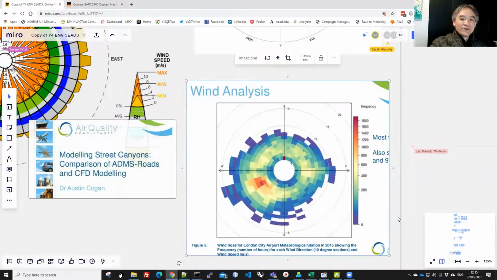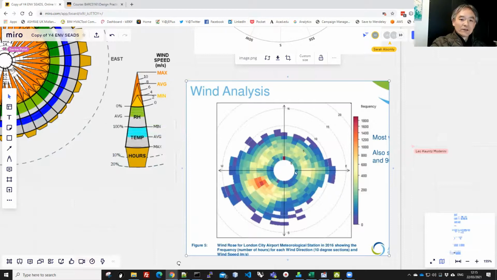Can you work out how to read this? Think about what's on the length, what's on the radius of this diagram, and what's on the color coding. Well, if you look at the scale here, the color coding is for frequency, and the length, the radius, is wind speed, right?